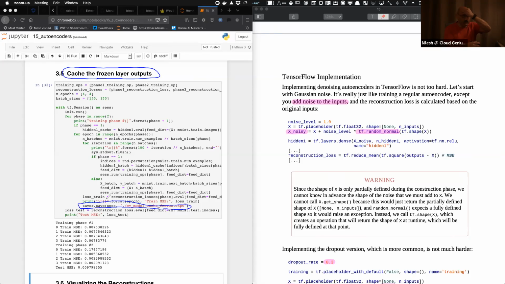So we are reusing some of the components, we are caching them, freezing them to use in a different network, which is going to be this. So this is the save state of the lower layer.